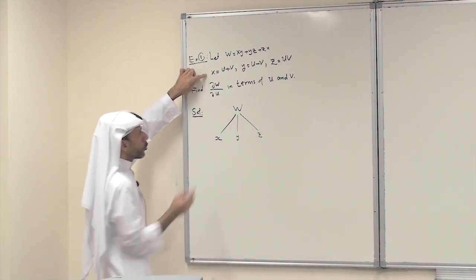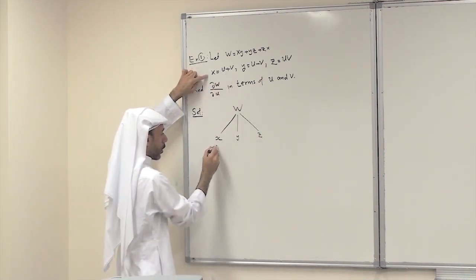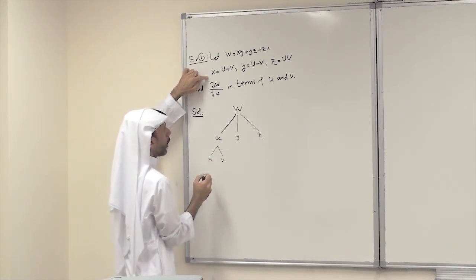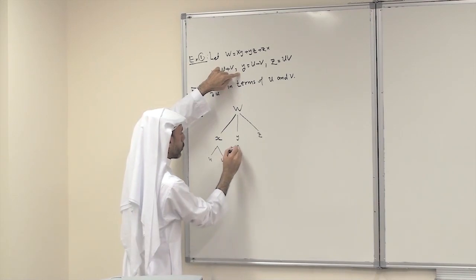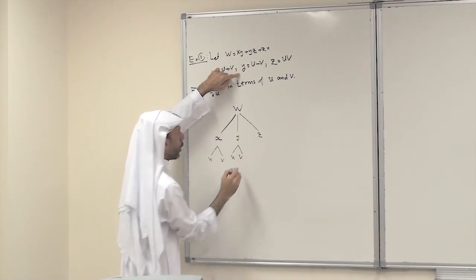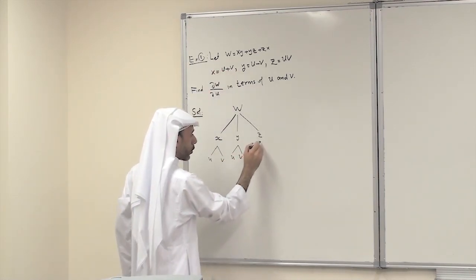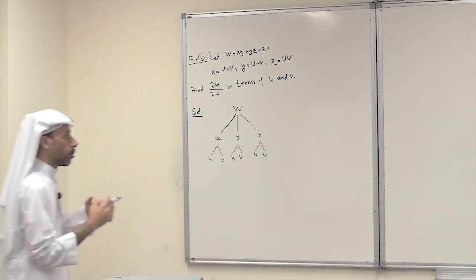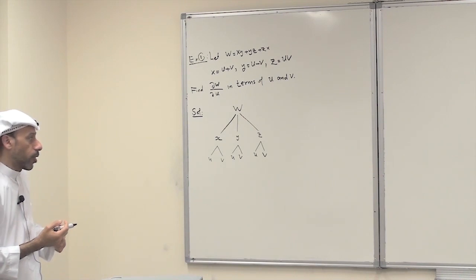Then x is a function of two variables, u and v. So I put two more branches under x. This is u and v. And the same thing for y. This is u and v. And the same thing for z. This is u and v. So this is the connection between the variables of the problem.